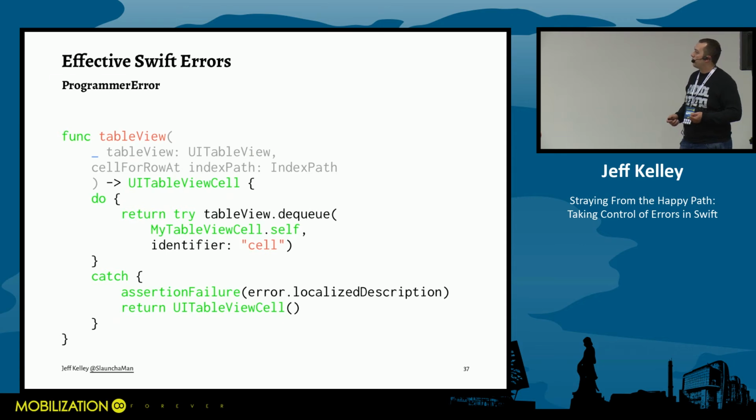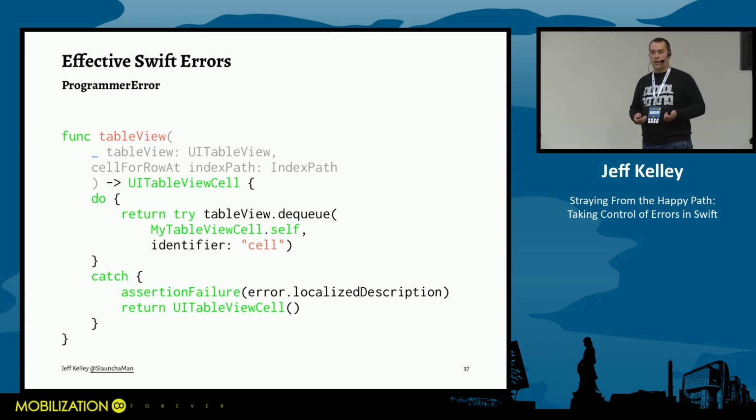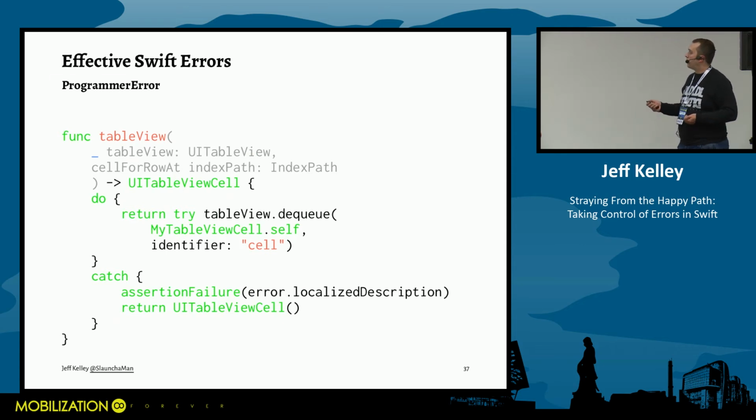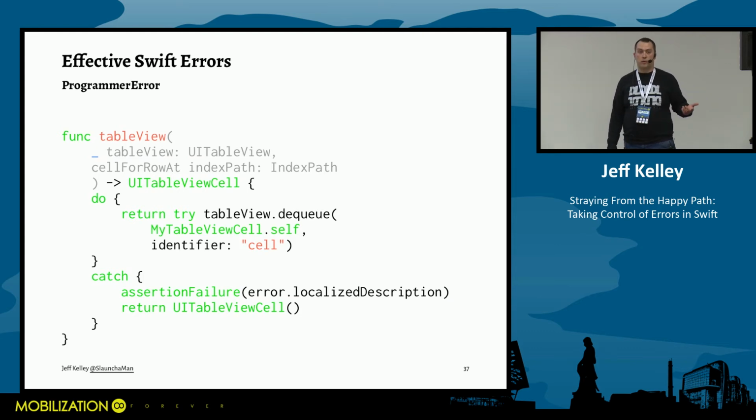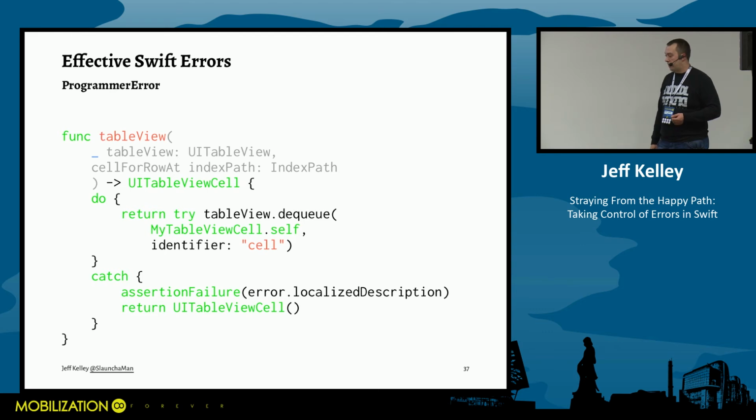So then, when I use it in the actual code, in my view controller or whatever code you have that's producing table view cells, then I can just try this table view dequeue, give it the type, give it the identifier, and if it works, that's great. If not, I can call assertion failure, give it the localized description of that error, and return a blank one, and go on with my day.